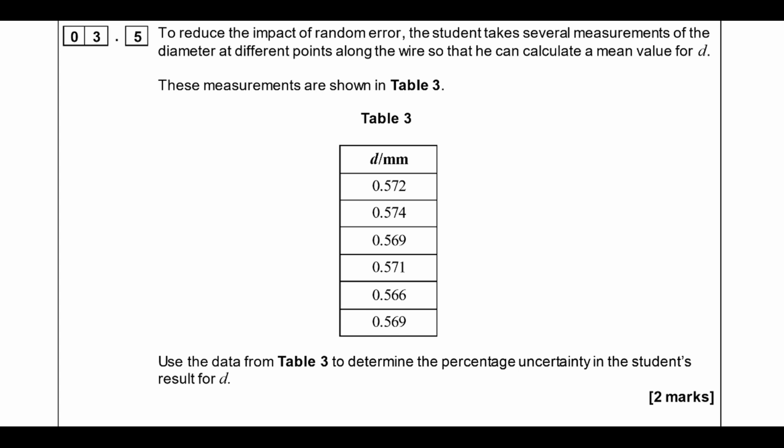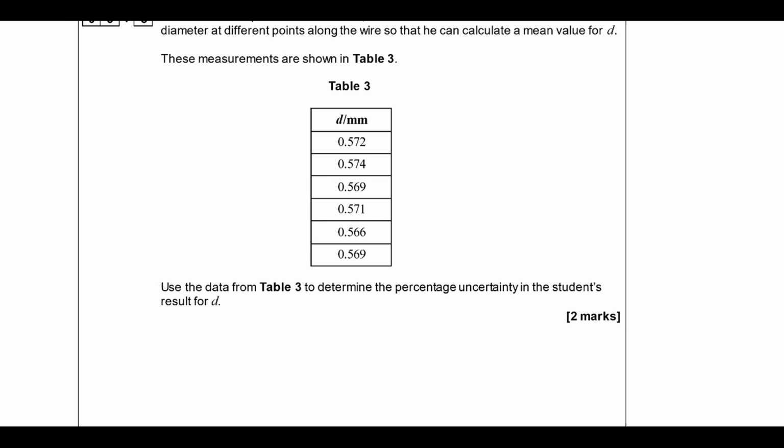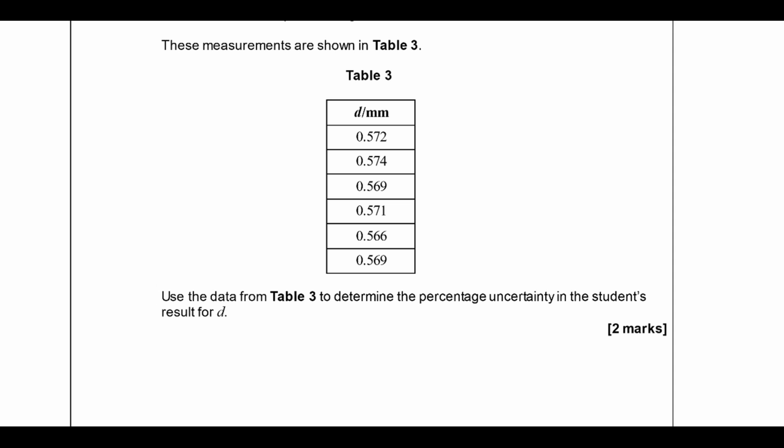We've got those measurements. Use the data to determine the percentage uncertainty in the data. So we're going to need to find the biggest and the smallest. There is your biggest value, and the smallest is this value.